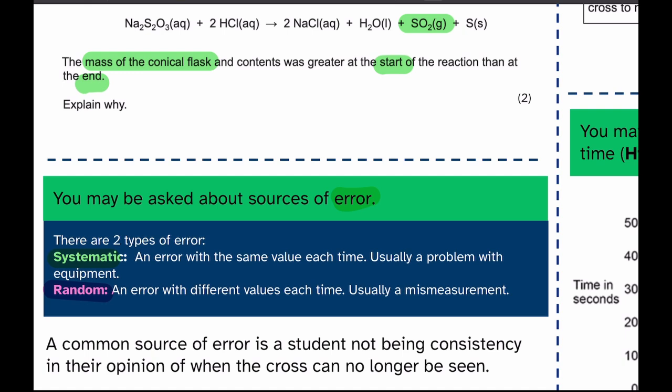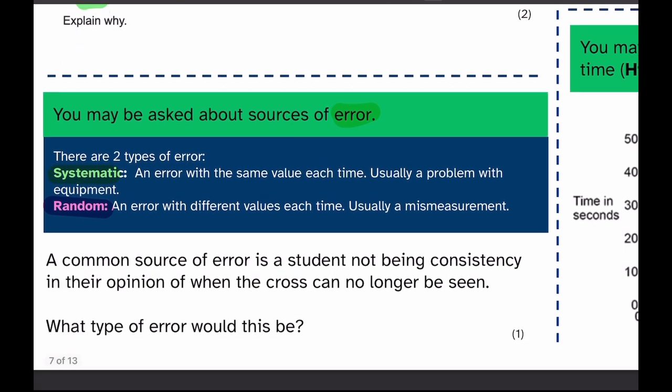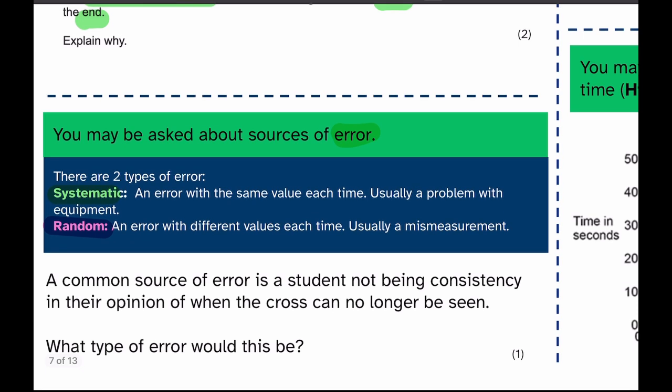Therefore, it's a mismeasurement, we call that random error. So the error here, the student not being consistent in their opinion of when the cross can no longer be seen, what type of error is it? A random error.